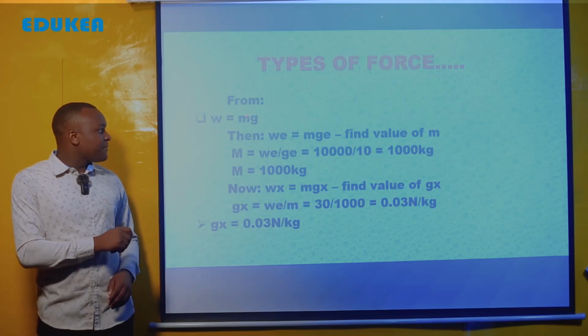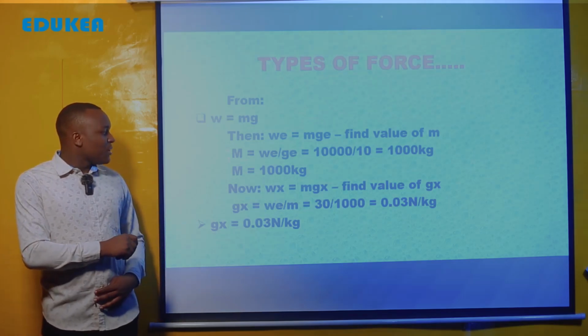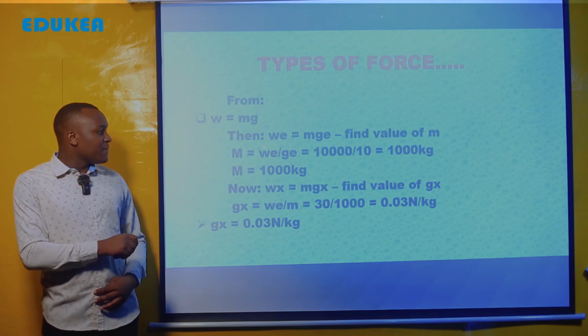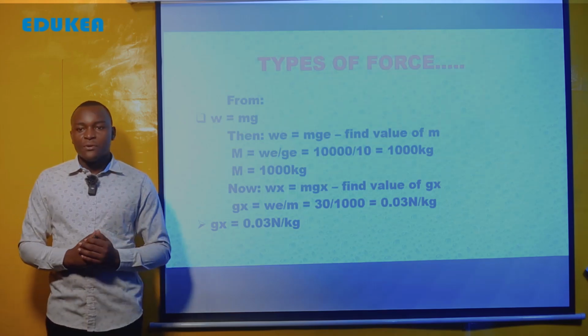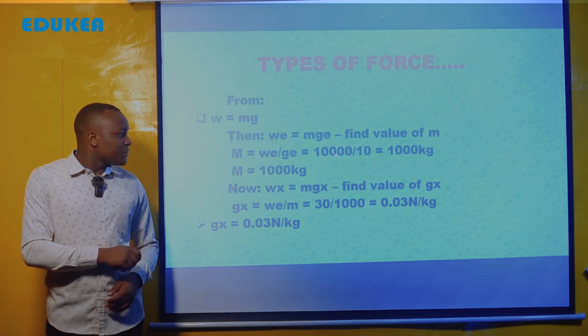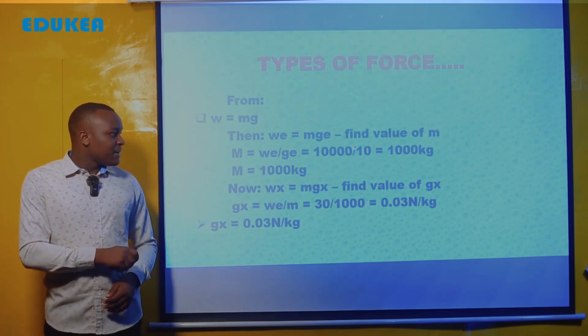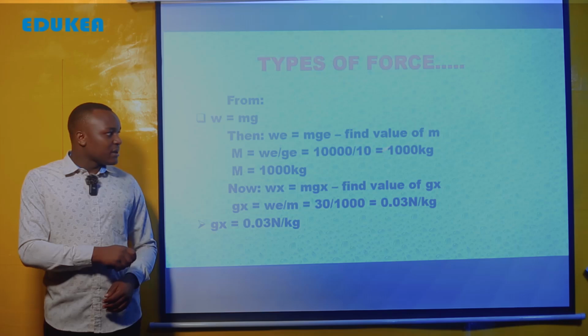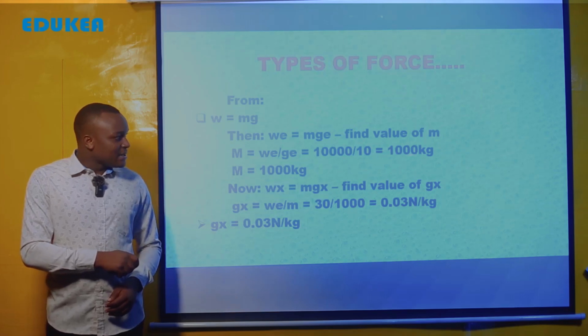So now let's find the mass of the object. As we know, mass will be equal to weight of object on Earth divided by gravitational force on the Earth, which is equal to 10,000 divided by 10 Newton per kilogram. You will get 1,000 kilograms.